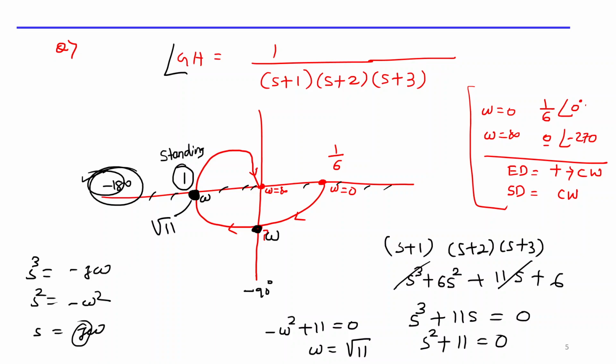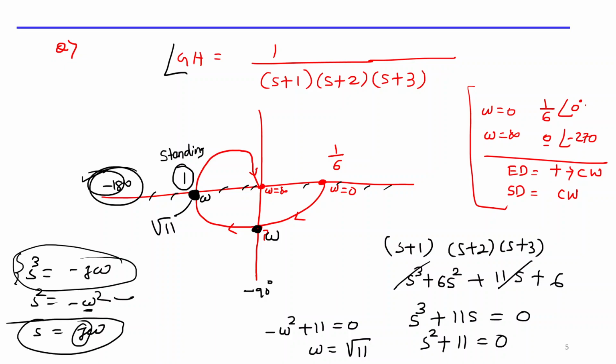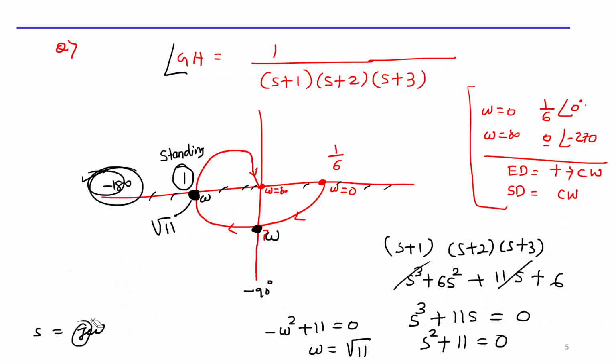Wherever j is there, that is the imaginary part. Whenever there is no j, that is the real part. So whenever odd terms are there, they give imaginary terms, and s square is real, so it gives a real term. Getting my point, right, sir? Any doubt?